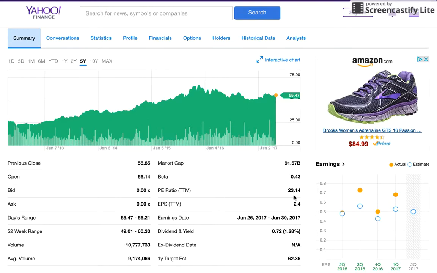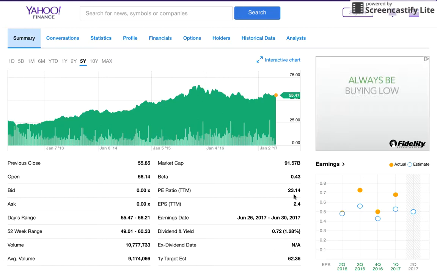And so, write this down, the lower the PE ratio when you're comparing different stocks in the same industry, a lower PE ratio tells you that it's a conservative stock, it's less risky. So 23 is actually a conservative PE ratio. That's a lower risk stock.